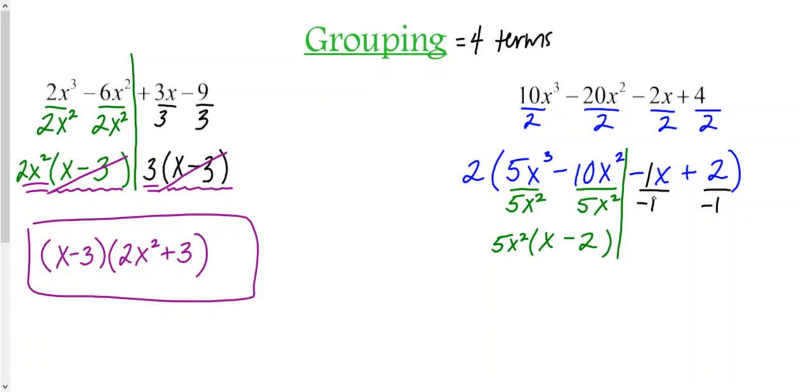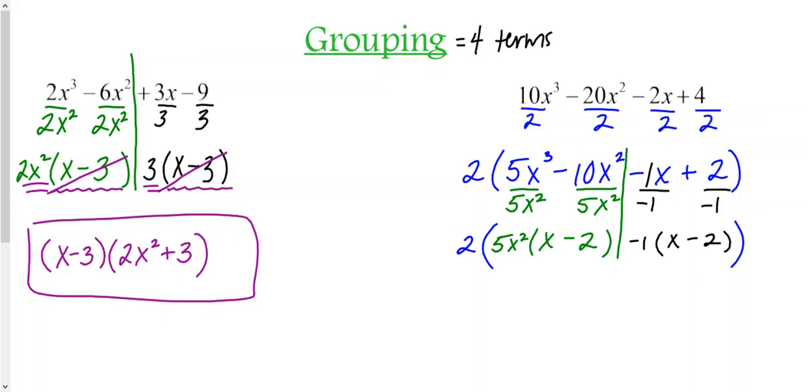So I'm going to divide them both by negative 1. So negative 1 goes in front. Negative divided by a negative turns to a positive x. 2 divided by negative 1 is a negative 2. And now remember, all of that, the green and the black, they're still inside that first set of blue parentheses with the 2 on the outside.